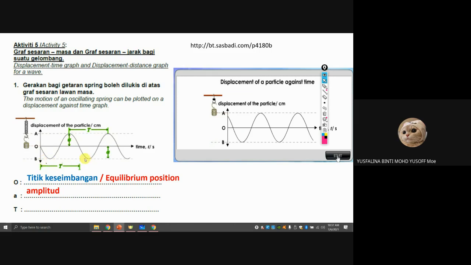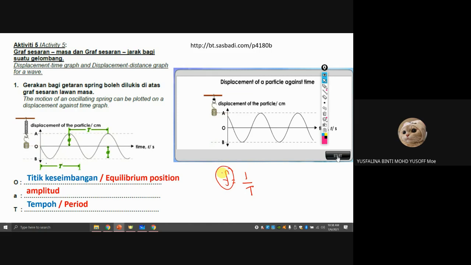So there are three pieces of info that you can get here: the amplitude, the period, and the frequency. Because frequency is 1 over T, if you already know the period, of course you can calculate the frequency.